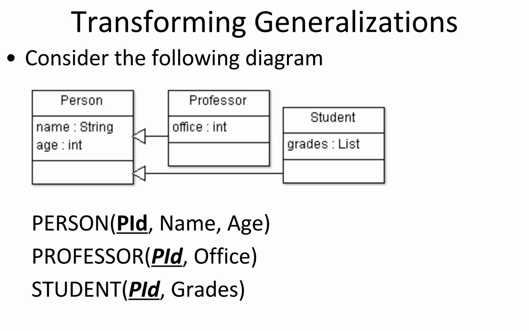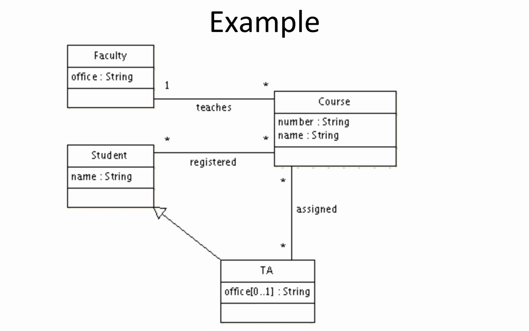Okay. Same thing with student. Students, since they're both inheriting from the same person, they would have a foreign key that is also a primary key that matches the person. So I guess what I mean to say is that this record cannot exist on its own. It has to have an accompanying person instance.